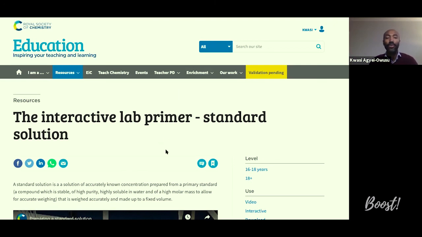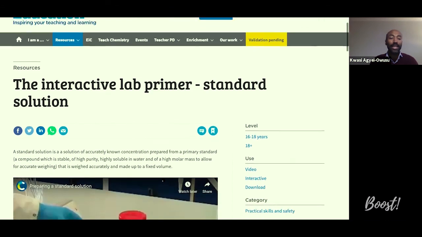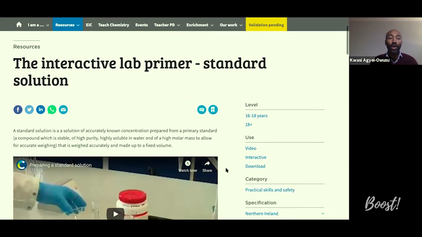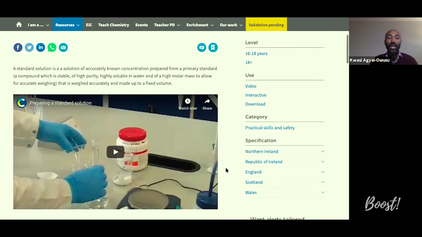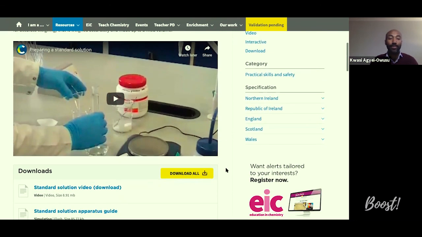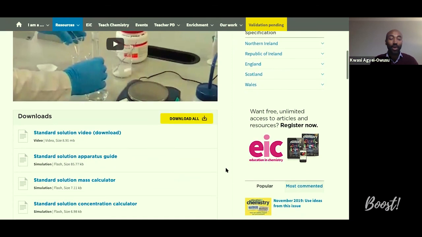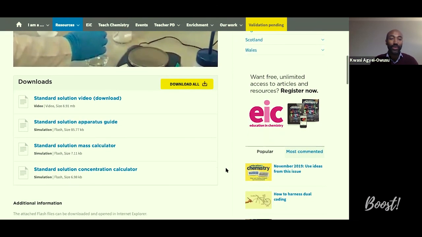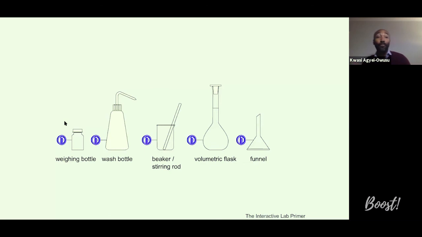So we're on the Interactive Lab Primer looking at standard solutions, which of course you can use in titrations. As you can see there is a video showing how a standard solution is prepared. And then you've got a number of other resources as well. So you've got the apparatus guide for making a standard solution.